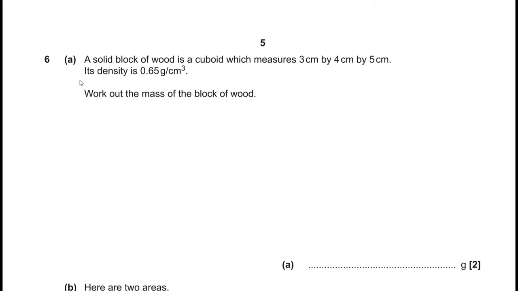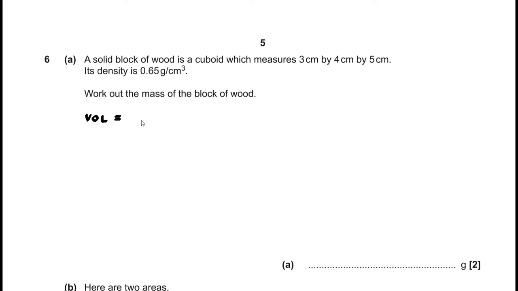Question number 6 for part A. A solid block of wood is a cuboid which measures 3 centimeters by 4 centimeters by 5 centimeters. Its density is 0.65 grams per centimeters cubed. We have to work out the mass of the block of wood. Let's begin by working out volume.